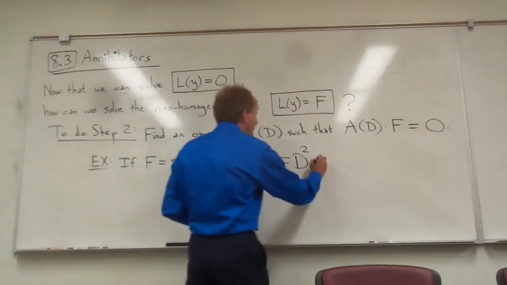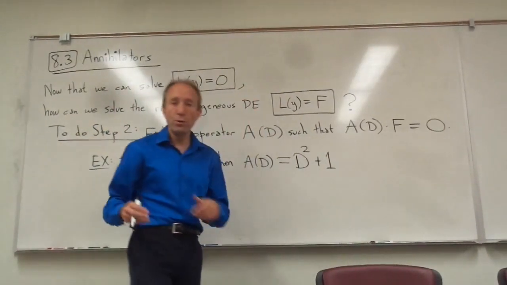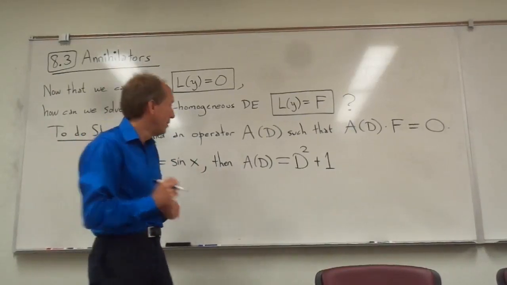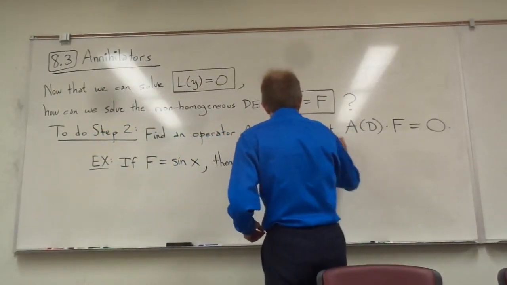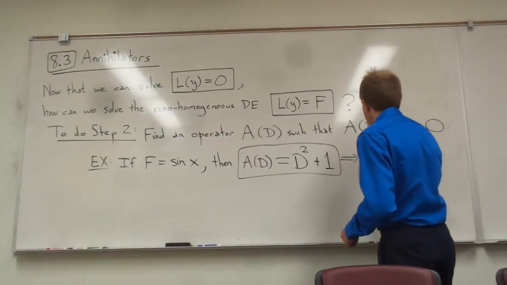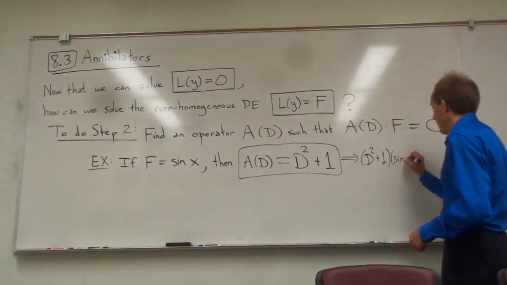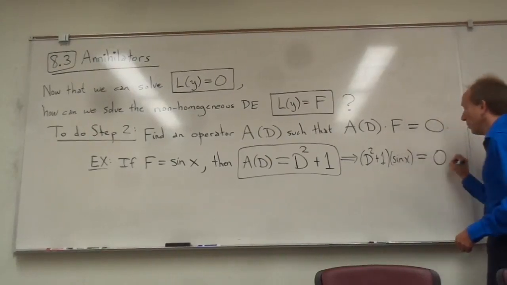And if you then add that back to the sine of x again, it becomes 0. So this annihilator would work for the sine of x. You can just check that. If I take D squared plus 1 of sine of x, you will get 0.